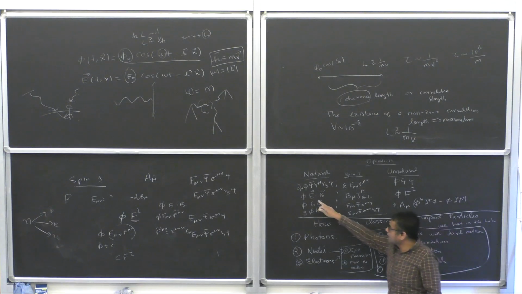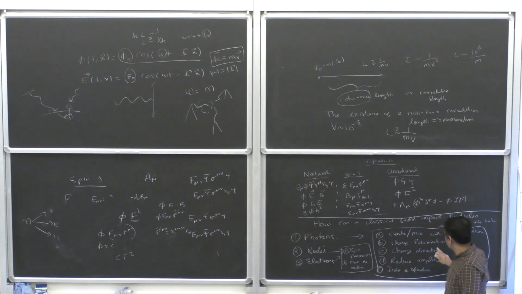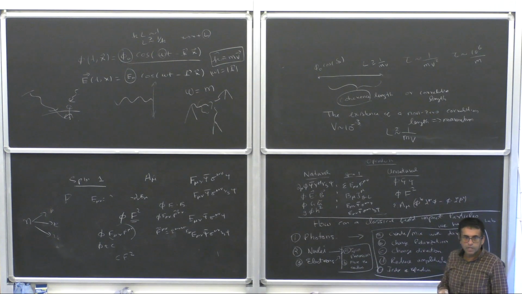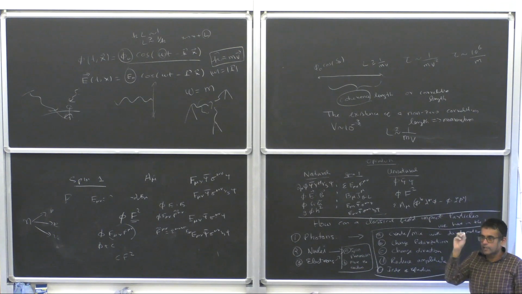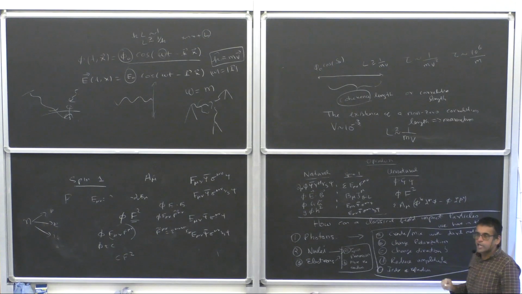Similarly, phi e dot b can change the polarization of photons, okay? And phi f squared, it turns out, okay, so this is an interesting fact, all right? So you correctly mentioned that theoretically it's possible for a photon's direction to be changed by something, okay?